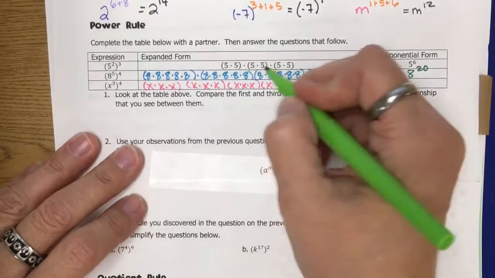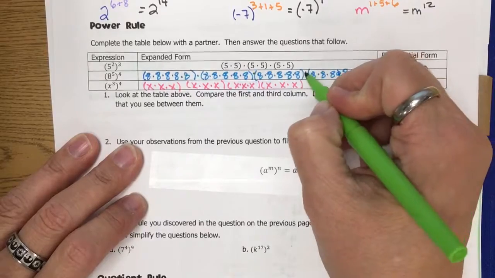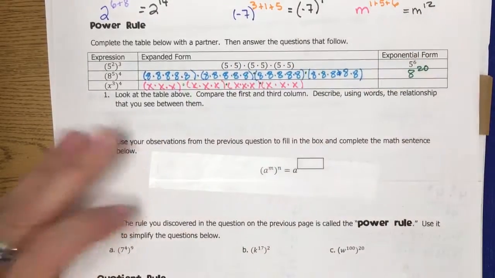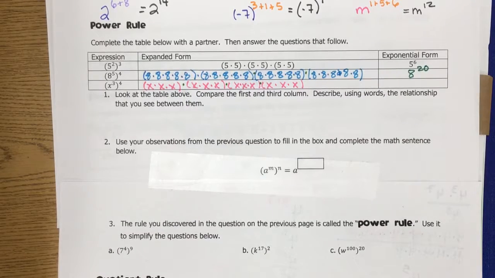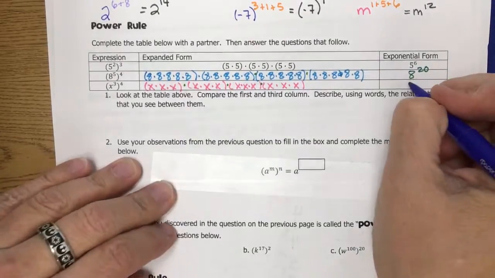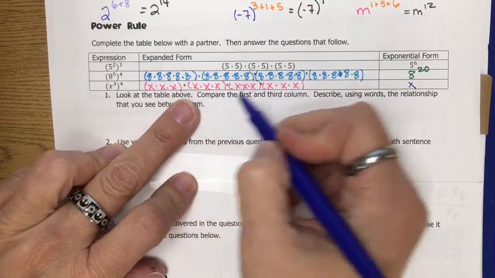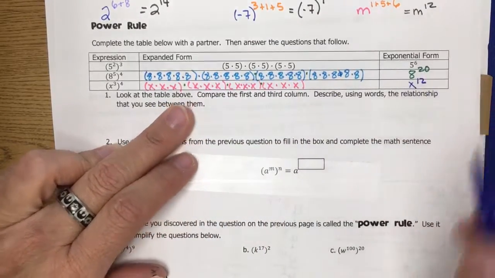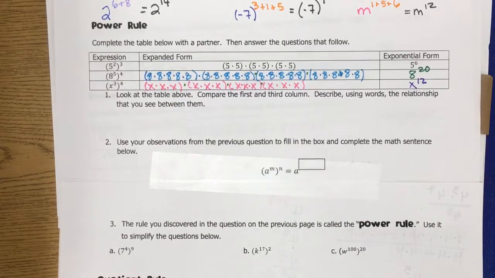Could I? Of course. I could put the multiplication symbols in between, but you don't actually need them. Now I'm going to count up how many x's I have. 3, 6, 9, 12. So I have 12 x's.